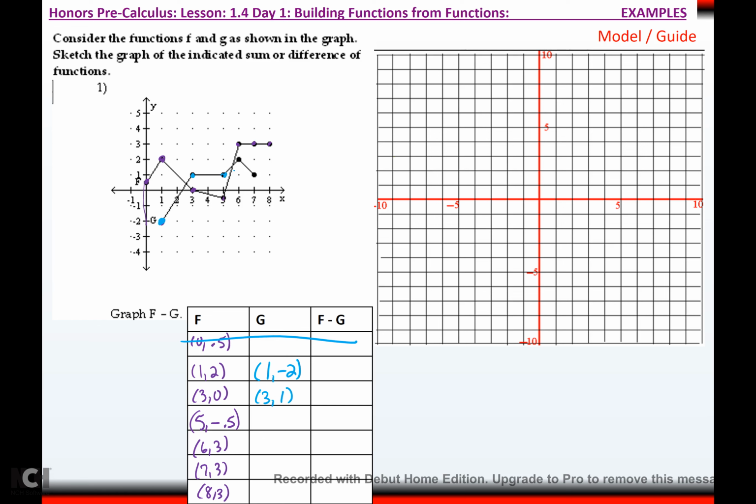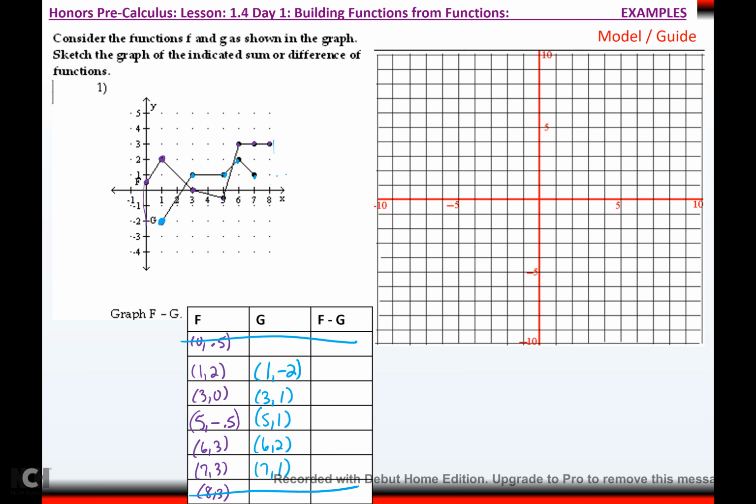My next ordered pair looks like 5, 1. My next ordered pair looks like 6, 2. My next ordered pair is 7, 1. And G also doesn't have a coordinate that starts with 8, so we won't use that one either.